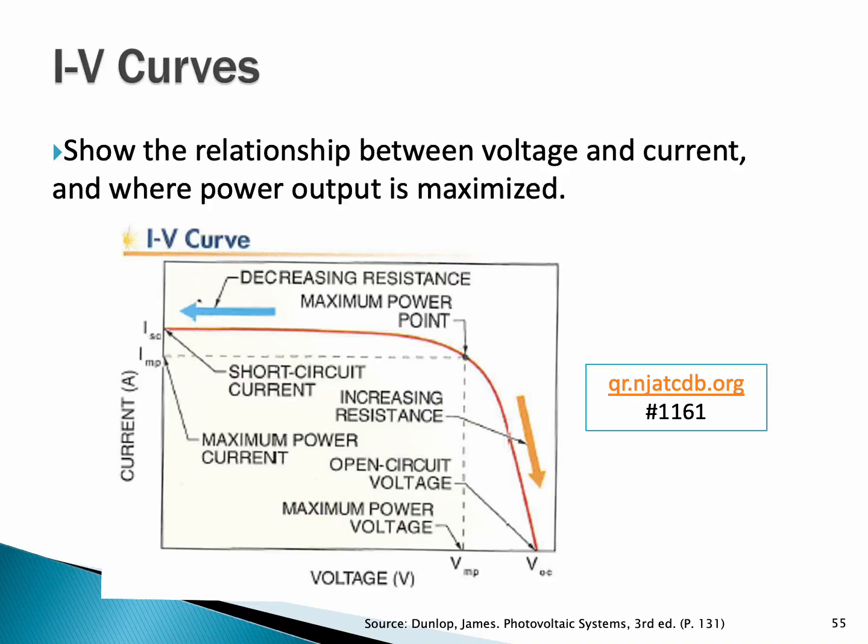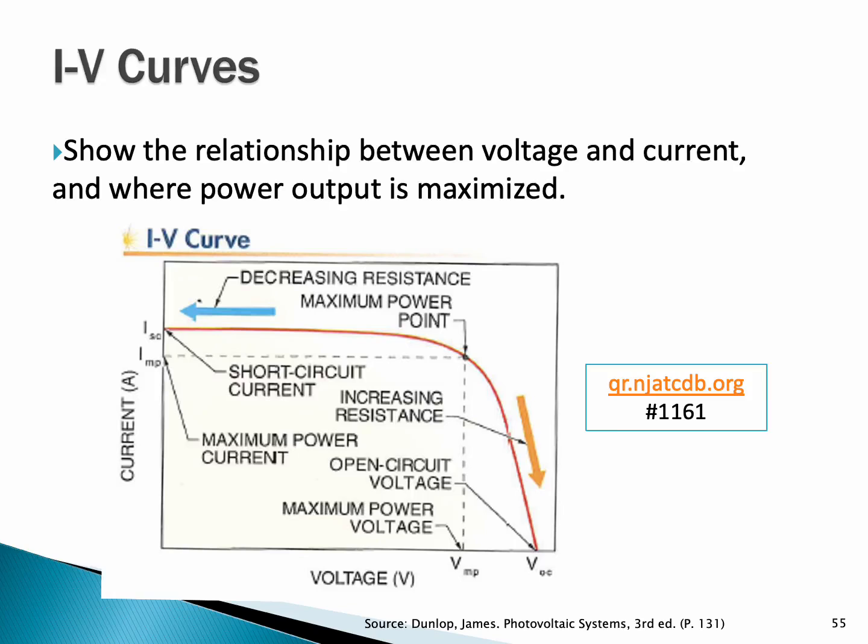On the horizontal axis, 0 being on the left, maximum volts on the right, VOC, volts open circuit. That is when I have no connection to the module or array, and I read a voltage. That's maximum voltage, no current flow. Once I make that module or array do some work, I connect it to a load, then that voltage sinks down into VMP, or voltage max power.